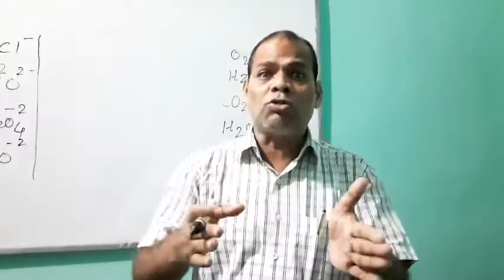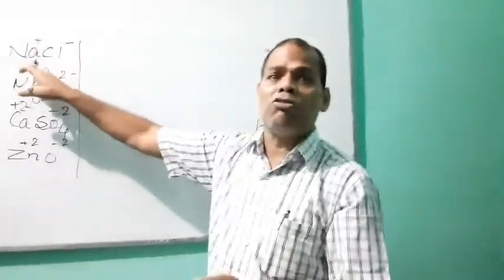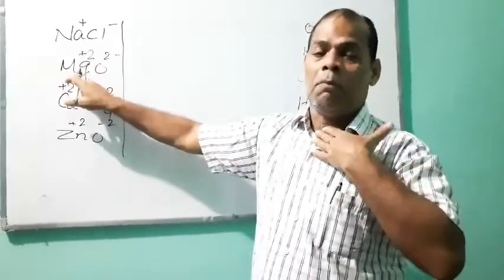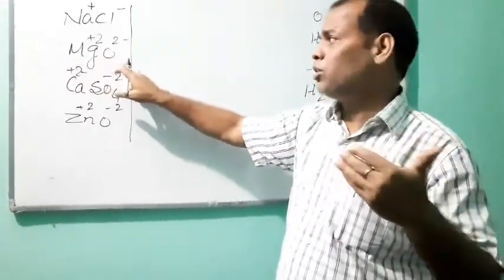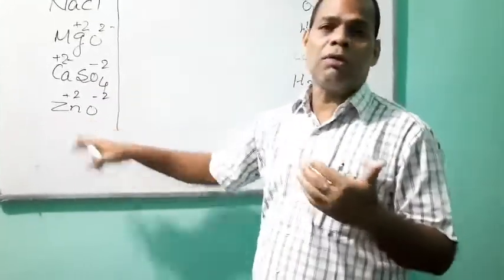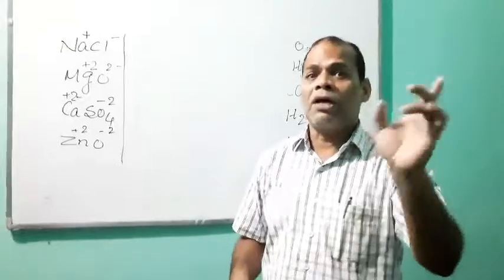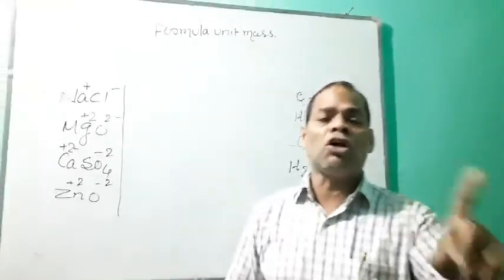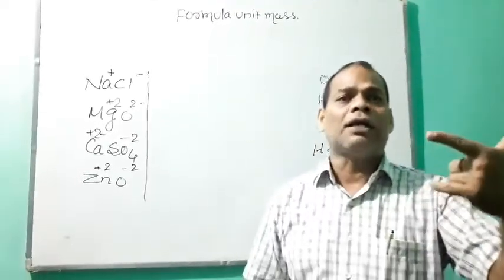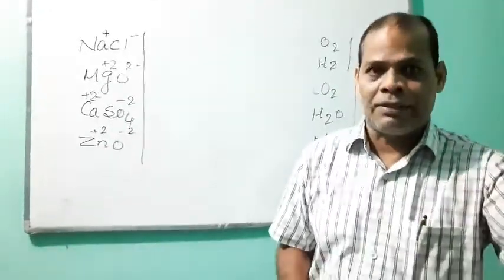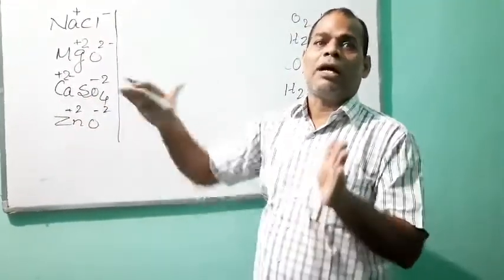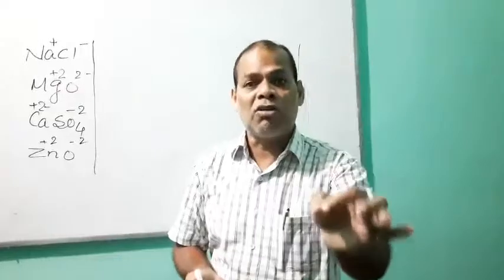It will be wrong to call it the molecular formula of NaCl, molecular formula of MgO, molecular formula of CaSO4, molecular formula of ZnO, because these compounds do not constitute molecules, rather their constituents are in the form of ions. So that's why we do not call it a molecular formula, rather we call it a formula unit.